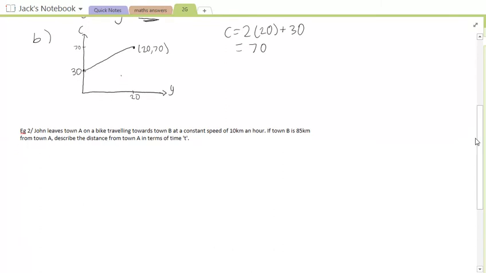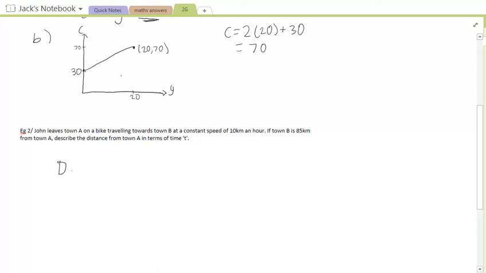Question 2. John leaves town A on a bike travelling towards town B at a constant rate of 10 kilometers per hour. If town B is 85 kilometers from town A, describe the distance from town A in terms of t. So we're describing distance in terms of t.